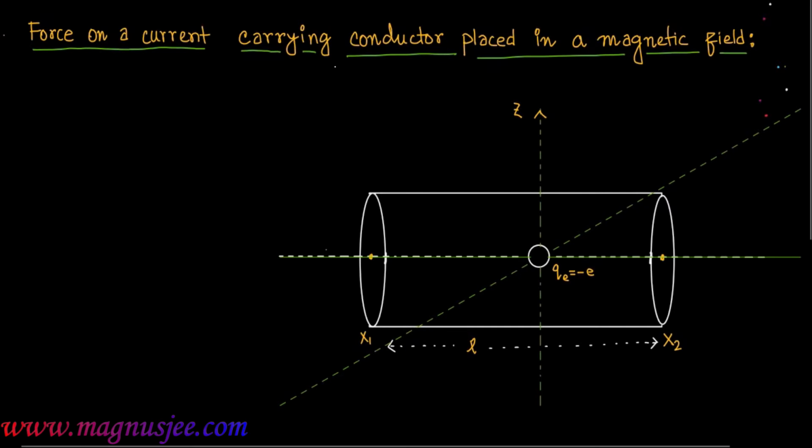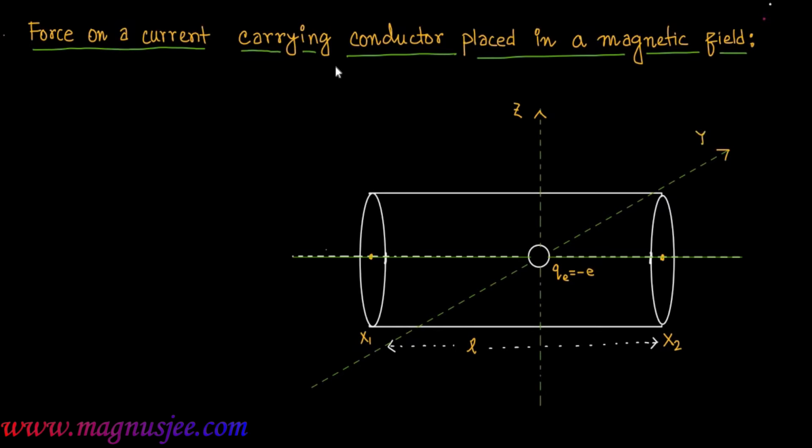The vertical axis is Z axis. This is Y axis and the horizontal axis is X axis. X axis and Y axis exist in the horizontal plane and Z axis is perpendicular, situated in the vertical direction.